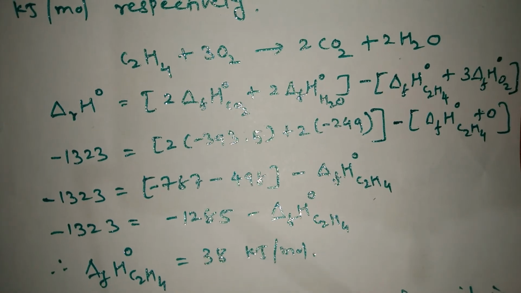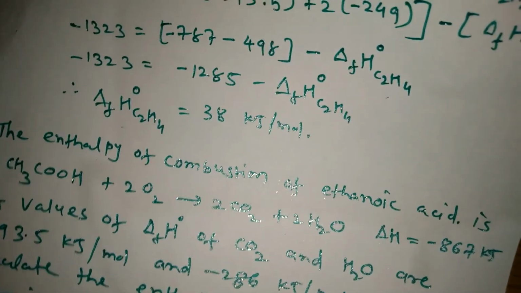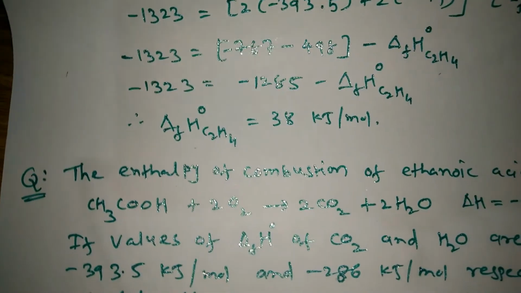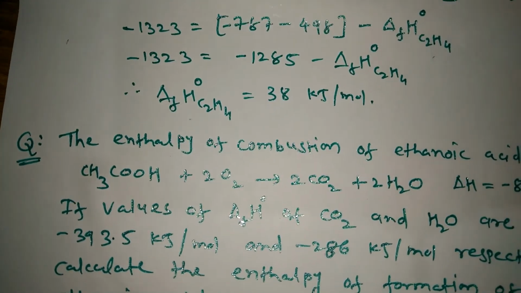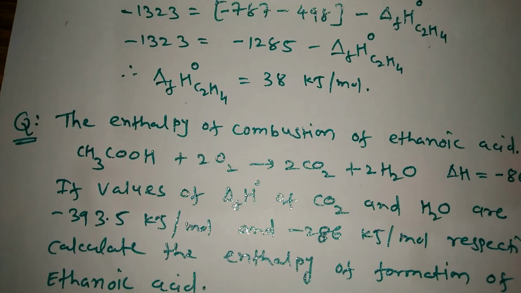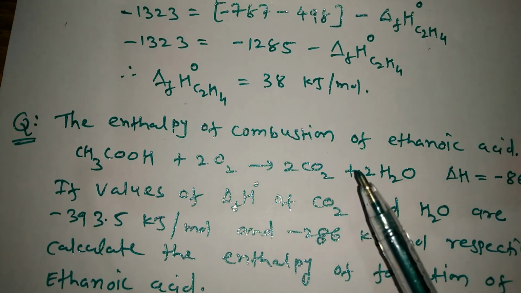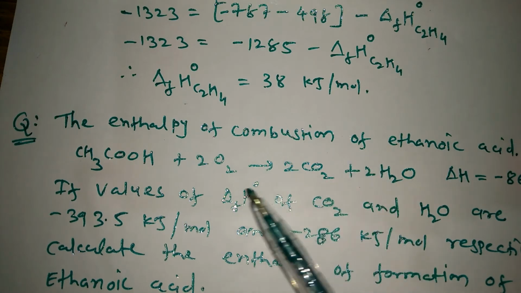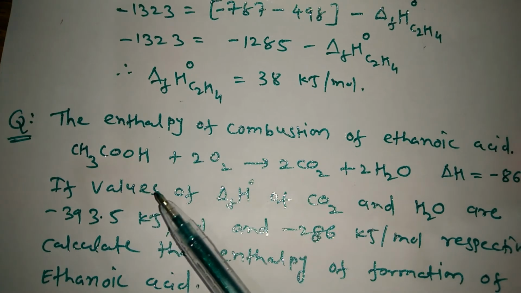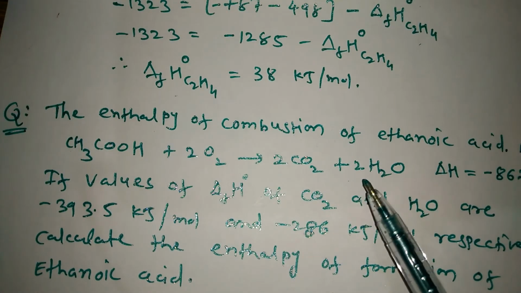Now second sum. The enthalpy of combustion of ethanoic acid: CH3COOH plus O2 gives 2 CO2 plus 2 H2O.